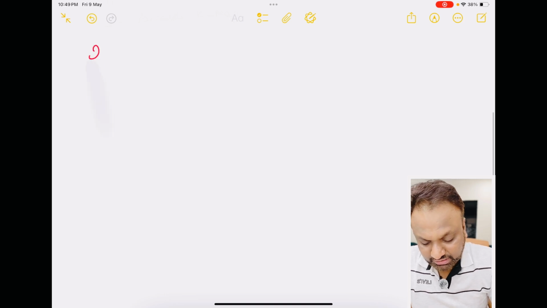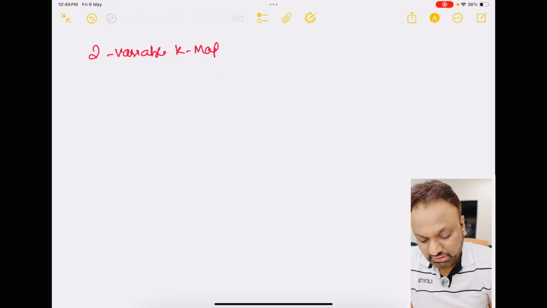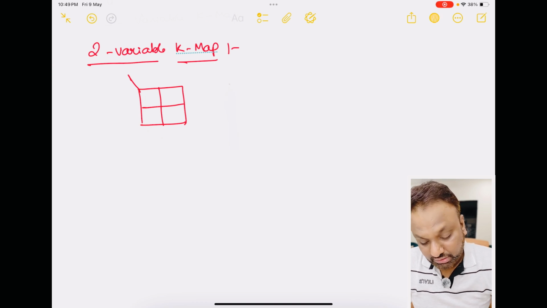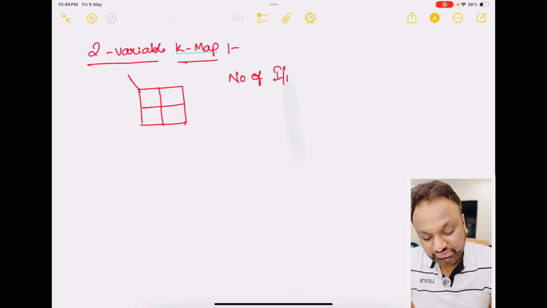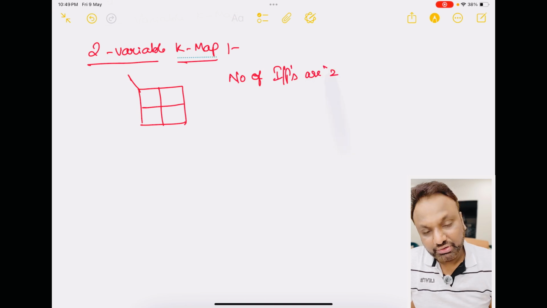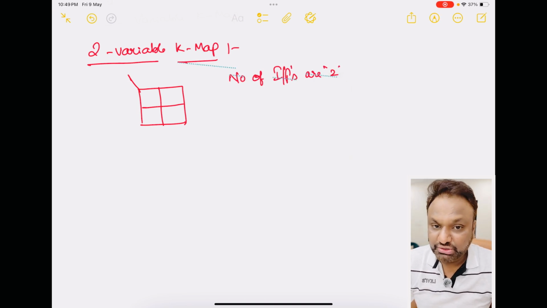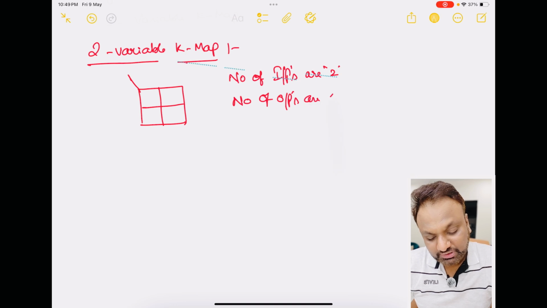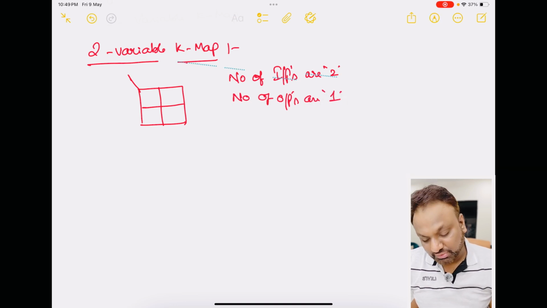2 variable KMap. What is a 2 variable KMap? If the number of inputs is 2, and for each and every output you need one KMap, and the number of outputs is 1, then a KMap is denoted like this.